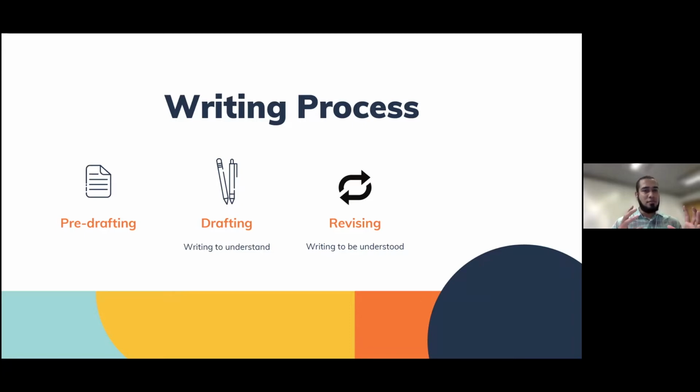So I have to move my draft, in this revision stage, through the process of writing to be understood. That is, even though everything makes sense to me in my draft, what should I do? This is the time where we ask these questions: will my readers know this thesis, or do they need some background?